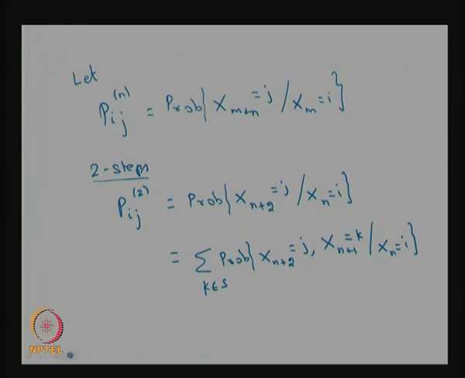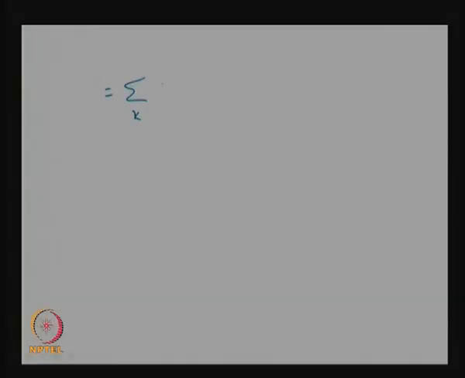That is the same as, over possible values of k, the probability that the system was in the state j in the (n+2)th step, the state k in the (n+1)th step, and the state i in the nth step, divided by the probability that in the nth step it is in the state i.